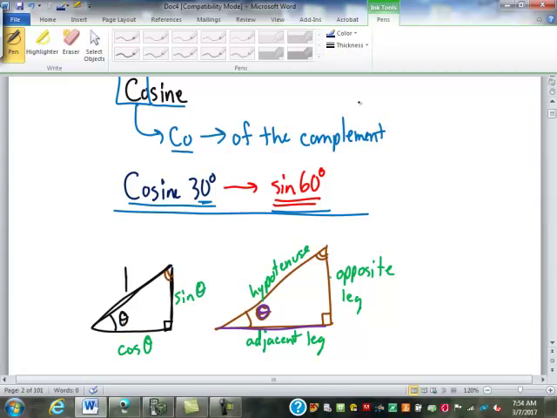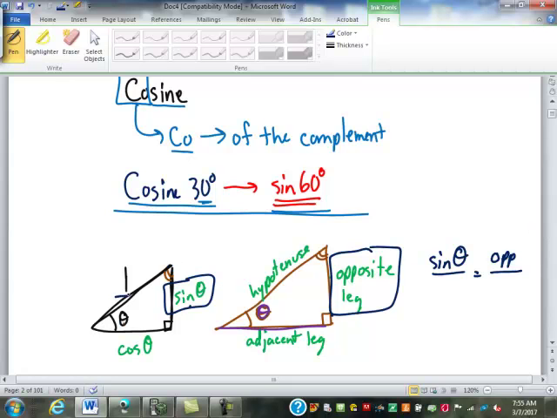So if I want to find the sine of theta, I'm looking in this triangle here, and the opposite leg corresponds to the sine of theta. So I'll put the opposite. I'm going to just abbreviate OPP over here, opposite.